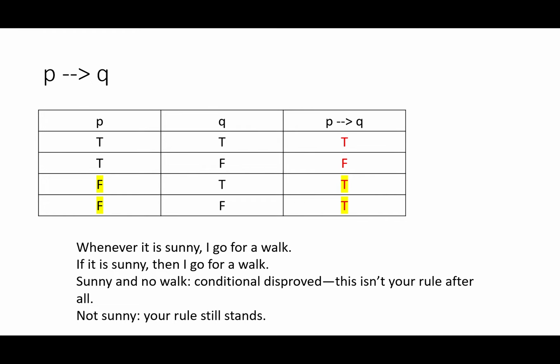So if your computer code says something like, every time you press the Q button, it shows up on the screen, well, you've got a bug in your code if you press the Q button and it doesn't show up on your screen. That would be like the second line there, where P is true and Q is false. Ruins your conditional.